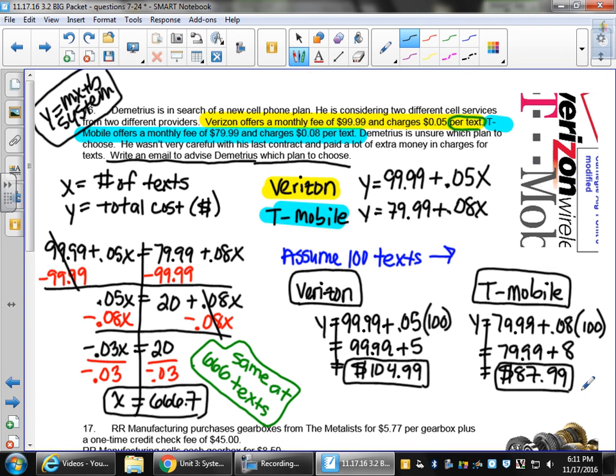What advice are we going to give him? So, dear Demetrius, but I don't have room to write that. Less than 666 texts, choose T-Mobile.